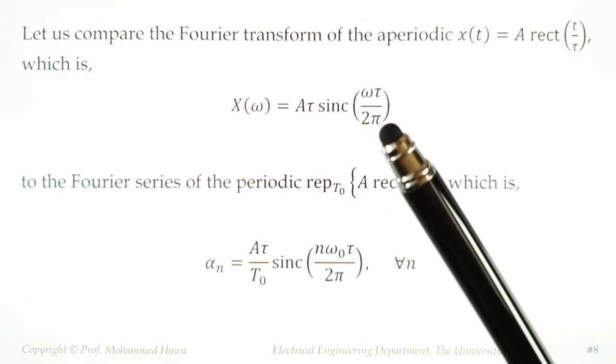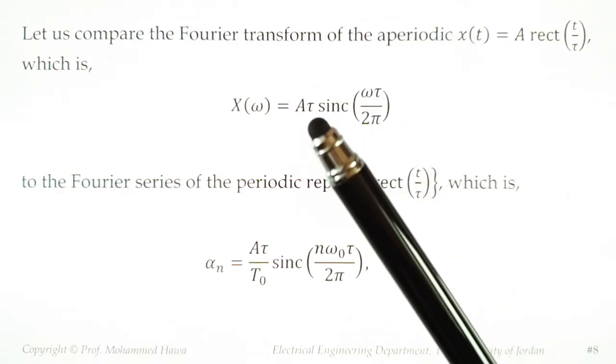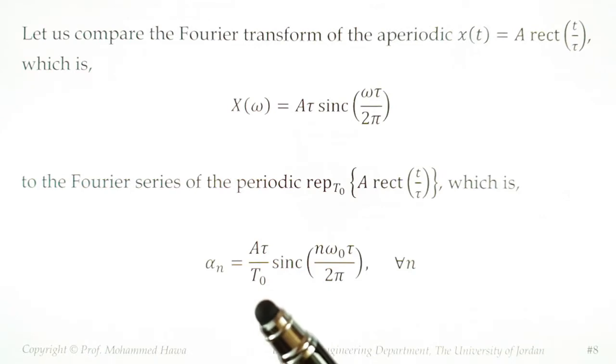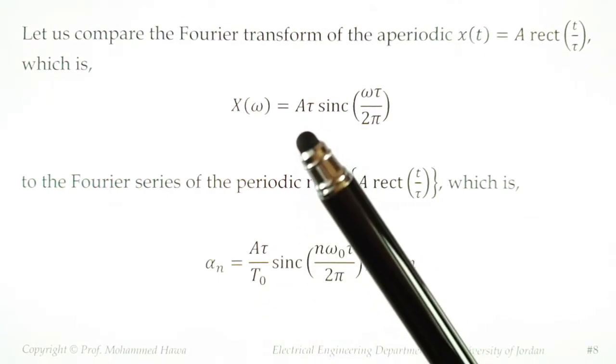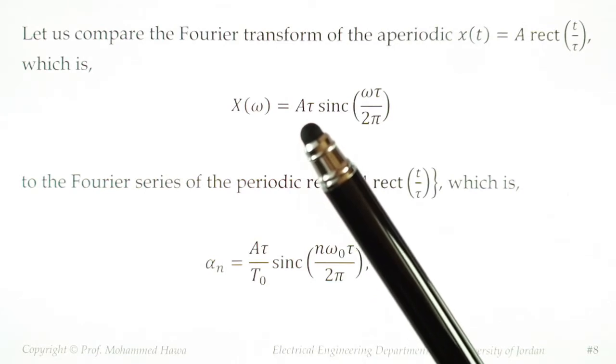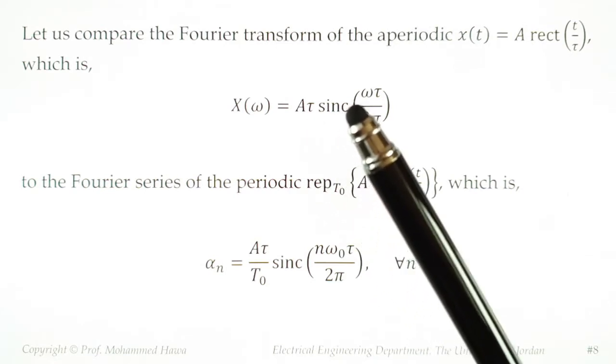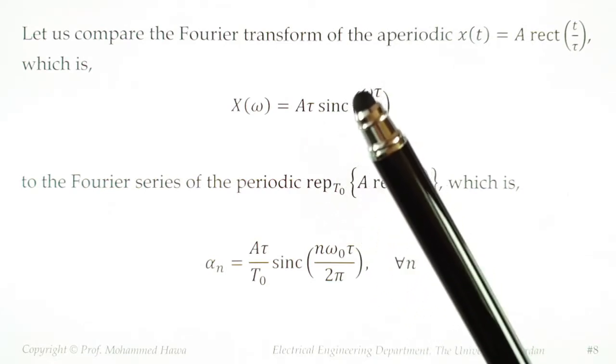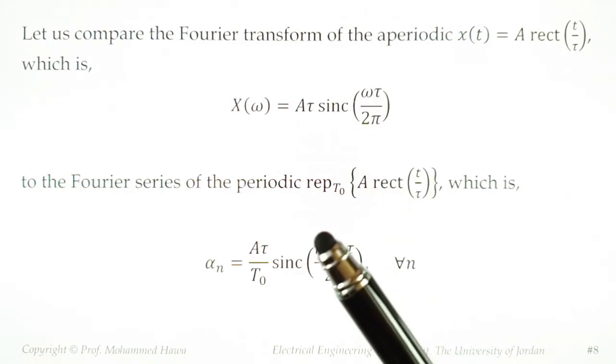You notice there are only two differences. Here we don't have T0. Here we divide by T0, which makes sense because T0, the fundamental period, only exists in periodic signals. It does not exist in aperiodic signals. Another difference is that this omega here is a continuous variable, while omega here is n omega0.